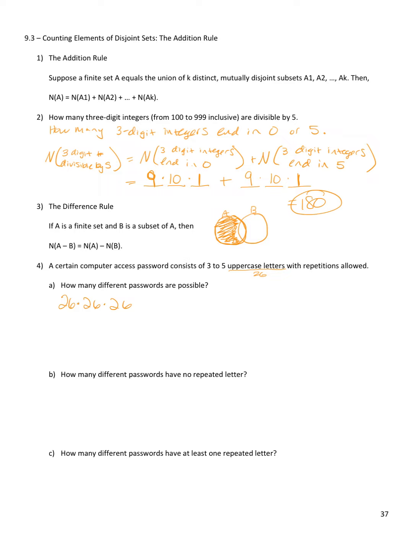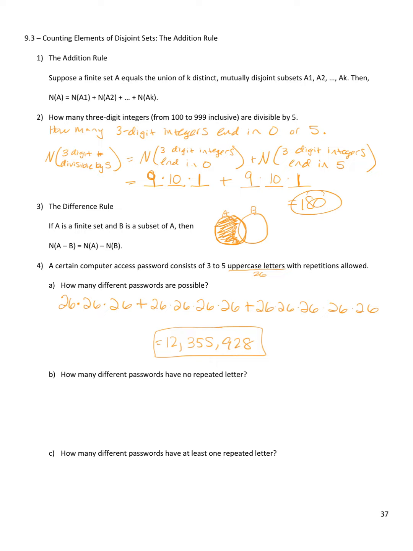And then add how many possibilities there are for a 4-letter password, which is 26 times 26 times 26 times 26. And then add the number of possible 5-letter passwords, which is 26 times 26 times 26 times 26 times 26. And this comes out to, I've already done the arithmetic for you, 12,355,928 possible passwords.